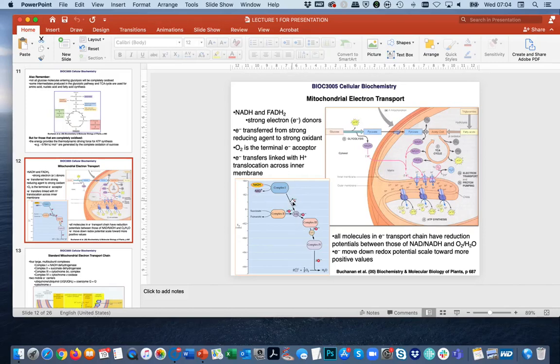So we can think about moving down a redox potential scale from a negative value, where NADH is oxidized to NAD, to a more positive value where oxygen is reduced to water. Okay, so that might help you remember the direction of the flow of electrons through the electron transport chain. And the direction is one way, okay, going from that negative redox potential to the positive redox potential.